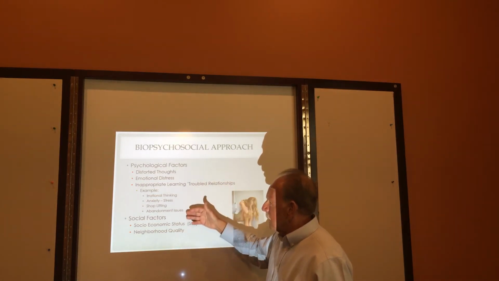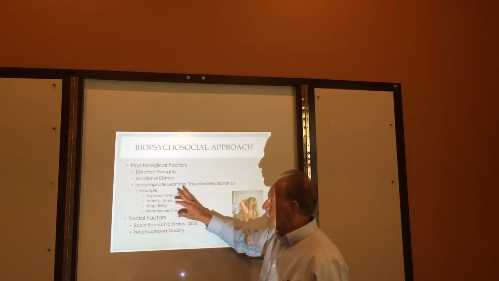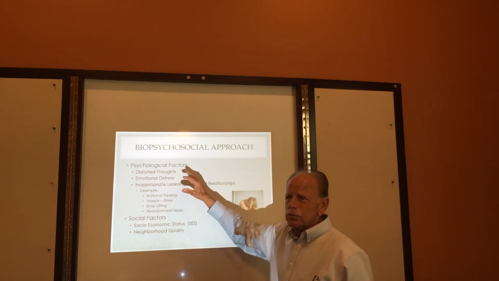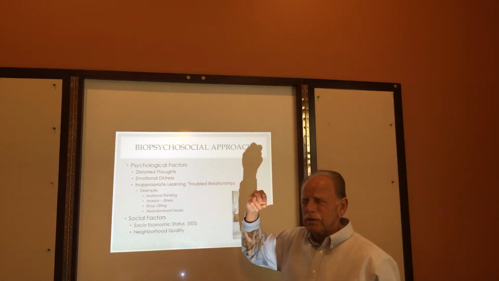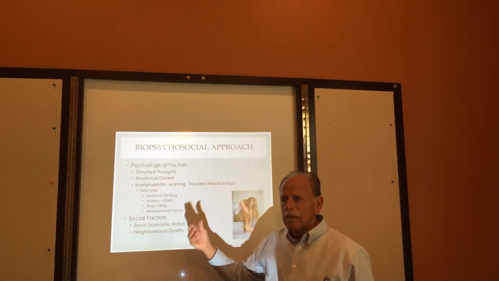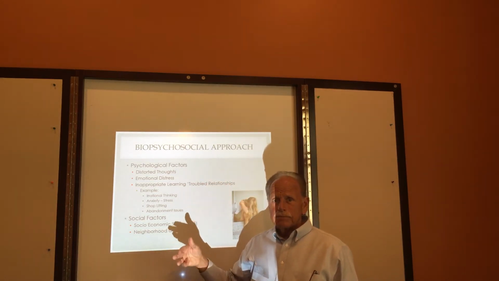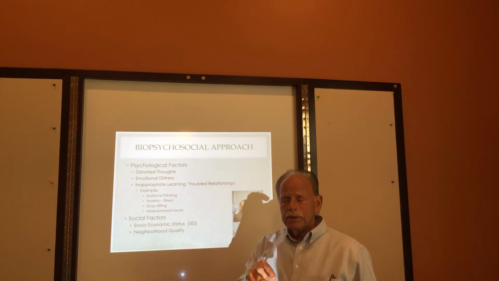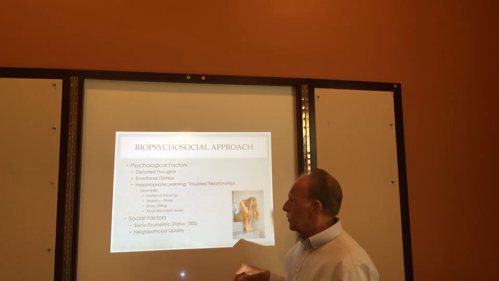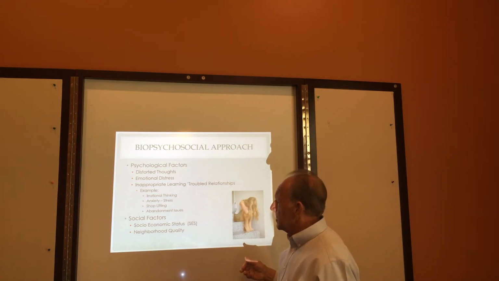And so I have a few examples here for you. Just look at those. So if you see these examples, you'll know that that's psychological. Their thinking justifies their behavior. Their behavior is maladaptive. Again, maladaptive behavior, it's harmful to themselves and/or other people.